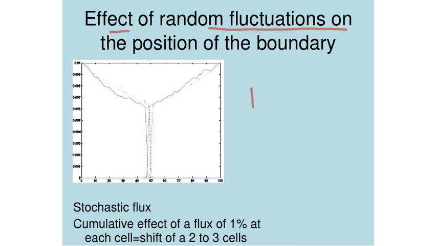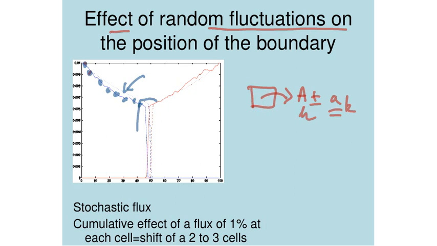Each cell can express a certain number of A, but this A can be plus or minus, let's say, a certain quantity, and this depends on K. So if we look at each position here, instead of having this very nice deterministic decay, you can have a stochastic expression, and as a result, this will shift the boundary from where it was when there was no stochasticity to a different position.